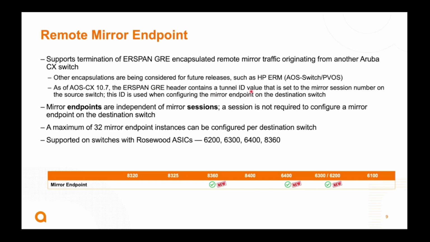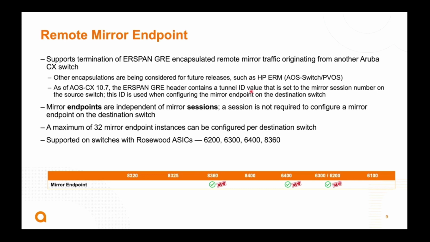When you're configuring the mirror endpoint on the destination switch, that tunnel ID is what you use to determine which tunnel, if you have multiple tunnels coming in to the destination switch, the tunnel ID is what's used to determine which particular tunnel source to decapsulate for the mirror endpoint you're configuring. And I'll show you the details of that in just a bit.